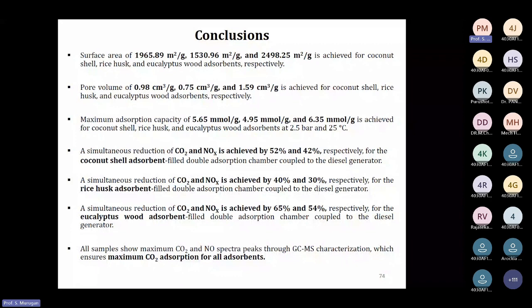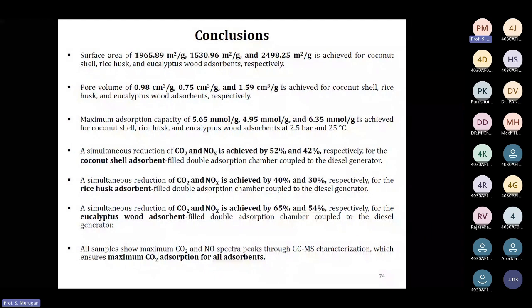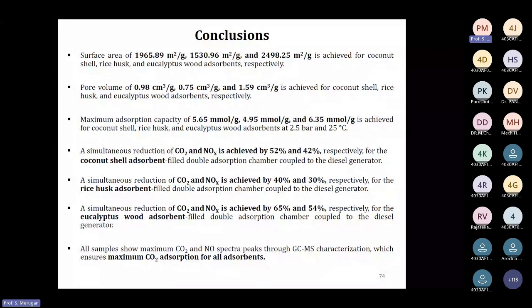And you can achieve a simultaneous reduction of carbon dioxide and NOx of 52 and 42 percent respectively for the coconut shell, and for rice husk you can achieve 40 and 30 percent reduction of CO2 and NOx respectively, and you can achieve 65 and 54 percent reduction of CO2 and NOx when you use eucalyptus wood activated carbon.